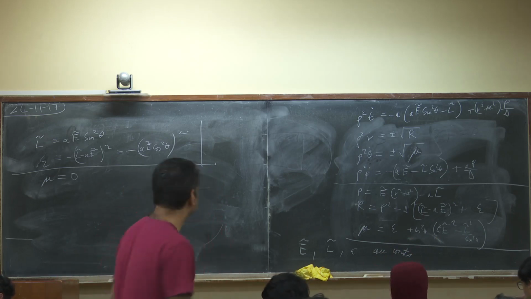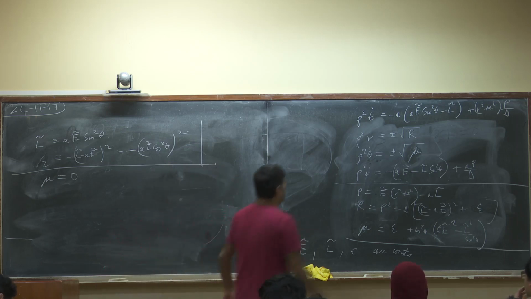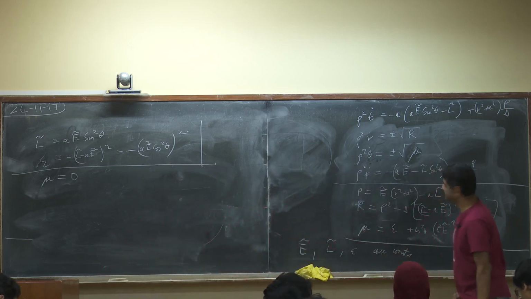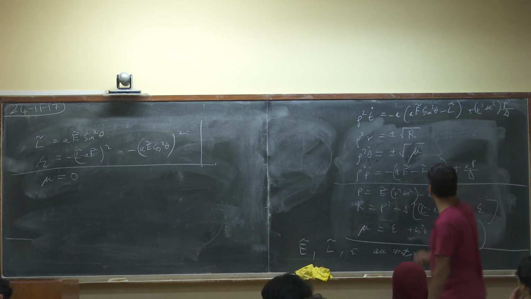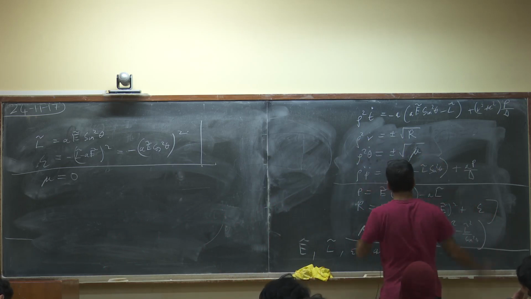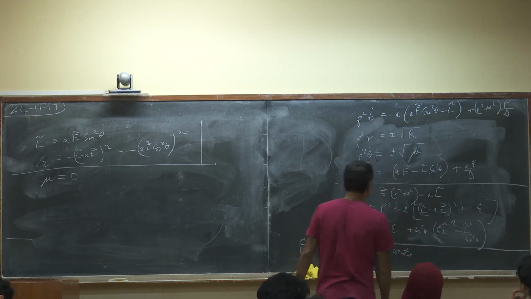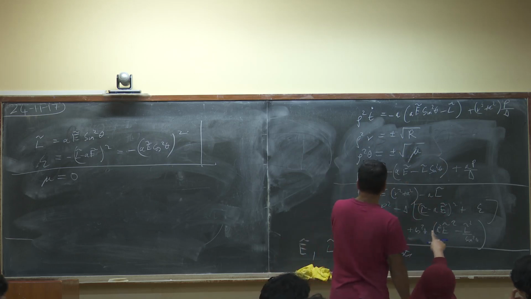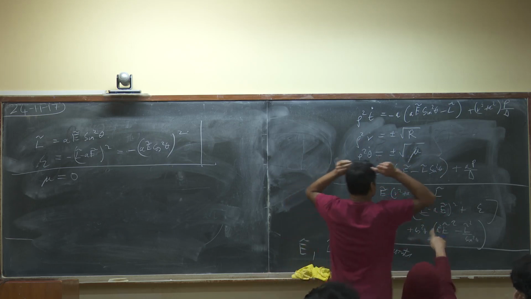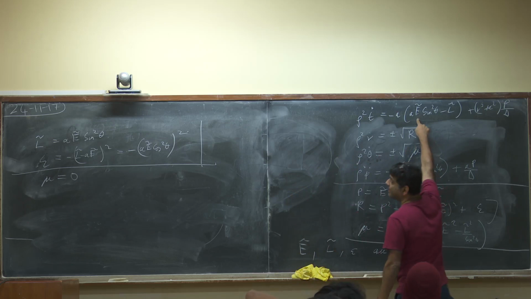Is this clear? Okay. So with these choices, what do we get? Firstly, that term in T dot vanishes, the first one, because L is equal to A E tilde sine square theta.